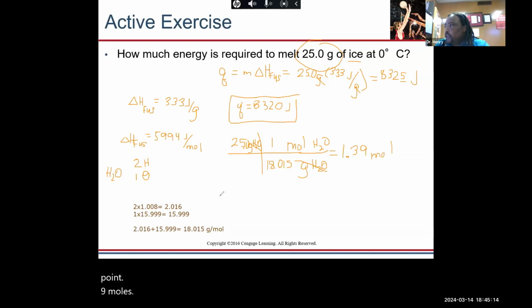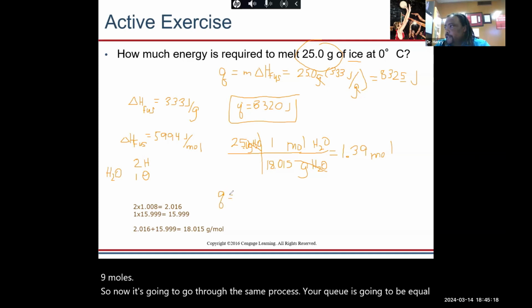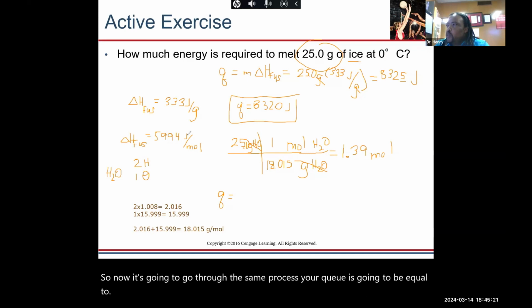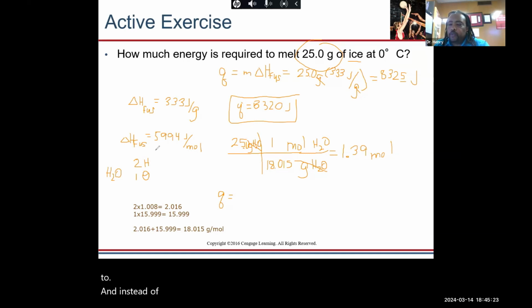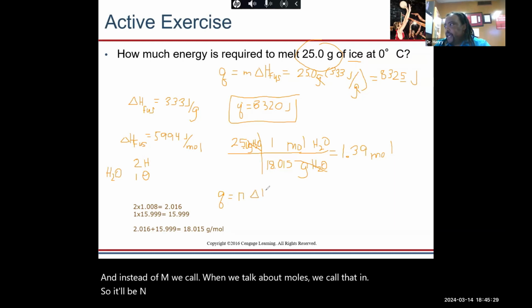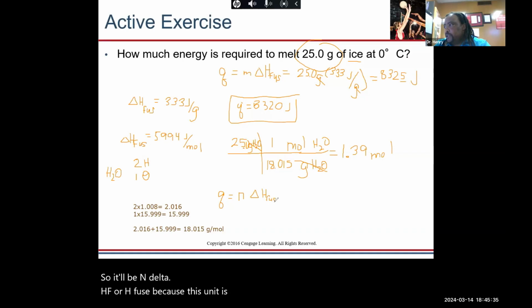So now it's going to go through the same process. Your Q is going to be equal to, and instead of M, when we're talking about moles, we call that N. So it'll be N delta H_f, or H fuse, because this unit is now in moles.